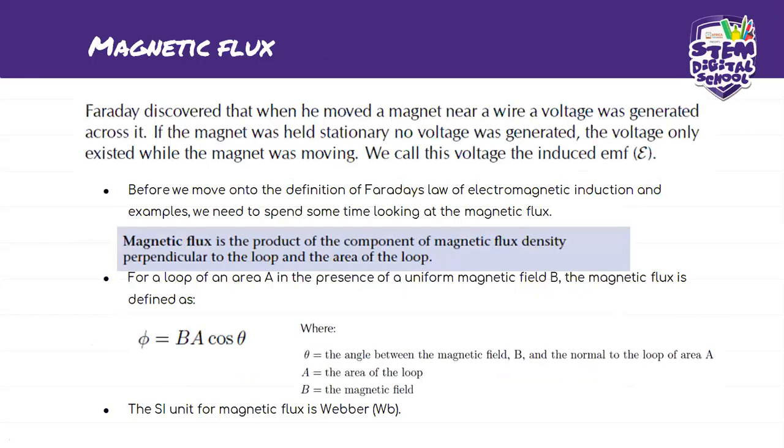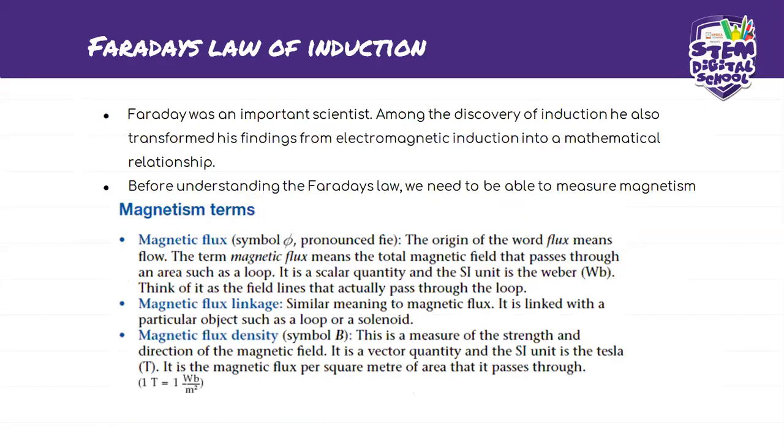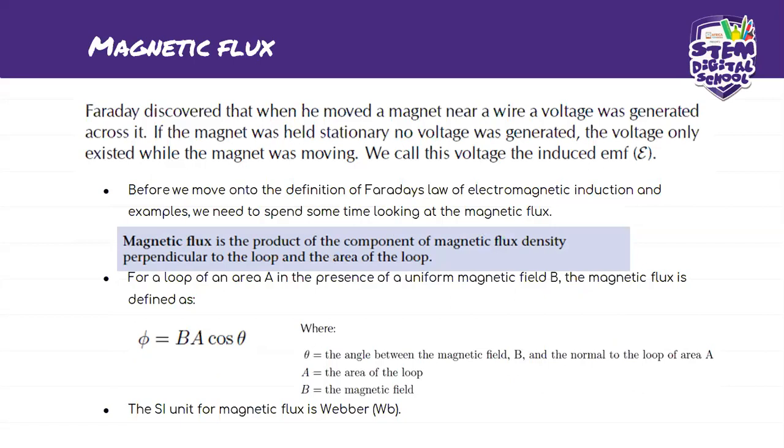So moving on, now we're going to be dealing with the relationship between phi, the magnetic flux, and the magnetic flux density. Here is where we're going to go into detail on that relationship. Faraday discovered that when he moved a magnet near a wire, a voltage was generated across it.